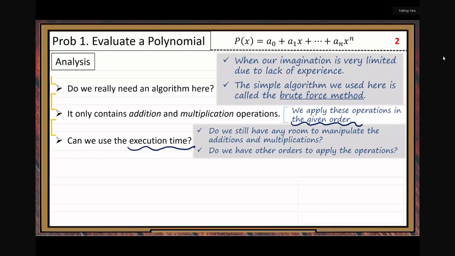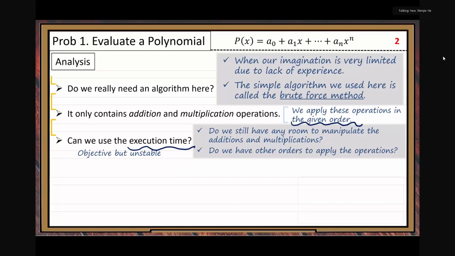Here is the question: if we use the execution time to measure algorithm performance and efficiency, that's not stable. Execution time measure is not stable.